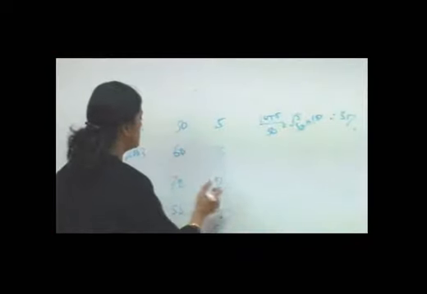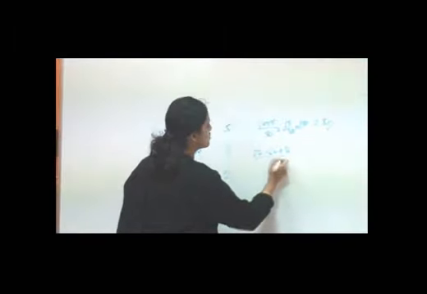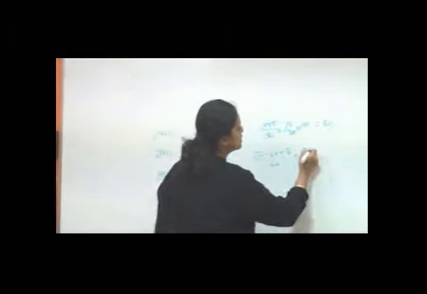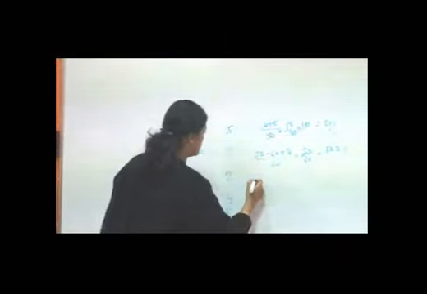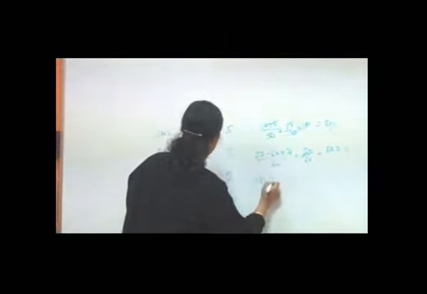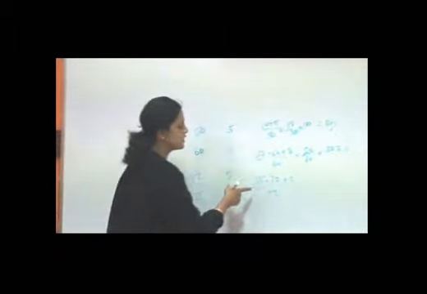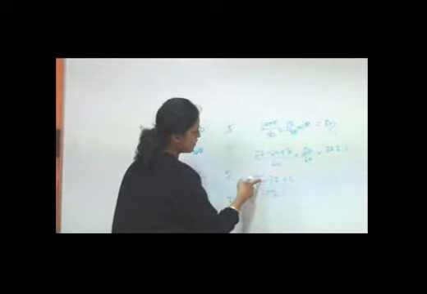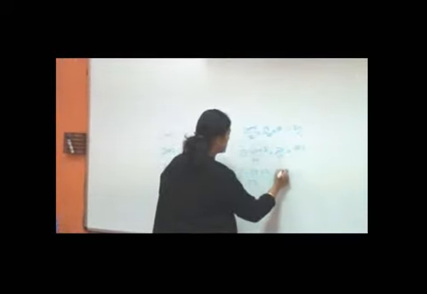Similarly, this would have been 72 minus 60 plus 8, divided by 60, that is 12 plus 8, 20, divided by 60, that is 33.33%. Then 55 minus 72 plus 2, divided by 72. So now this is a negative rate of return: 55 minus 72 is minus 17, plus 2.